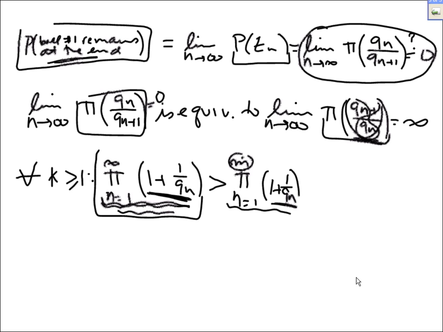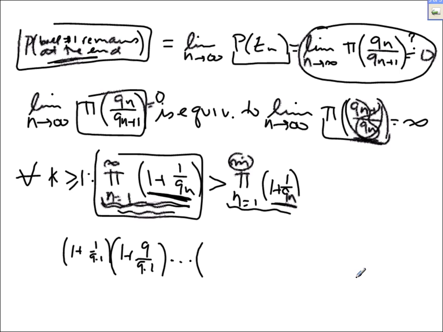Remember, this product, 1 plus 1 over 9 times 1 times 1 plus 1 over 9 times 2, eventually we'll get to 1 plus 1 over 9m, and then we'll have 1 plus 1 over 9 times m plus 1 forever and ever.